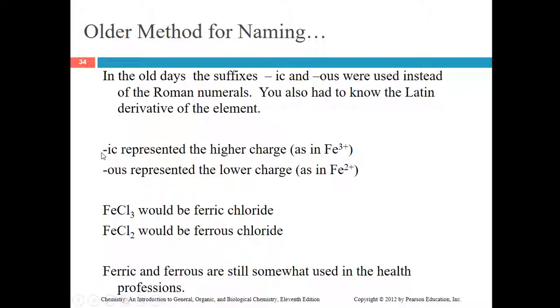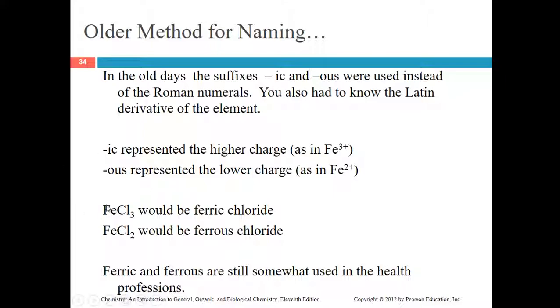So iron can be more than one charge, so the -ic would represent the +3 and the -ous represented the +2. Or if we were dealing with copper, the higher charge was a +2, and you would have to know the Latin name for copper, cupric, which would be the higher charge, and then cuprous would be the lower charge, the copper 1.